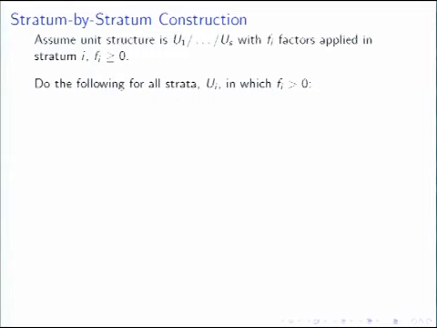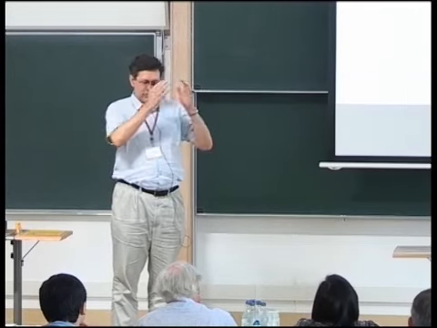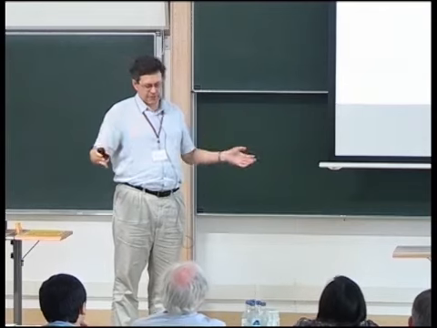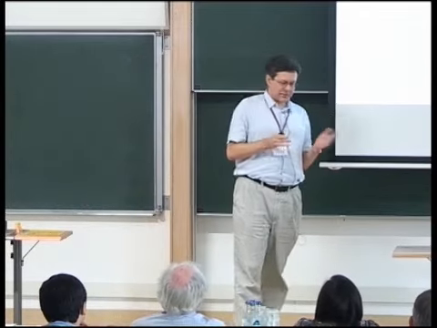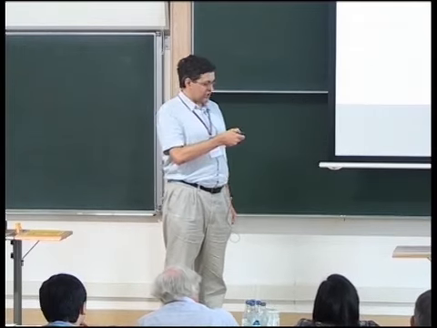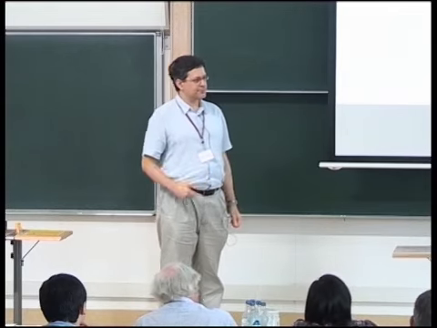The way we build our designs is the following. We go through a series of steps for each stratum. Now, we tend to think of it as building it from the top, the highest level, so the main plots, down to the subplots, down to the sub-subplots, but that's not really inevitable. What matters is that we do the following steps in each stratum, or at least in each stratum in which there are some treatment factors applied.